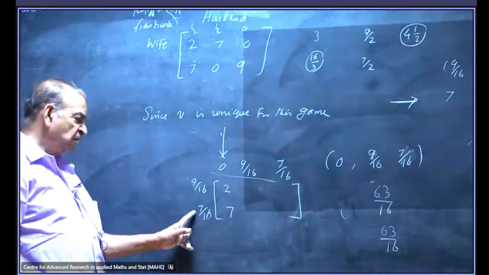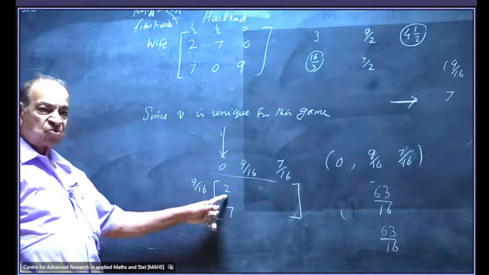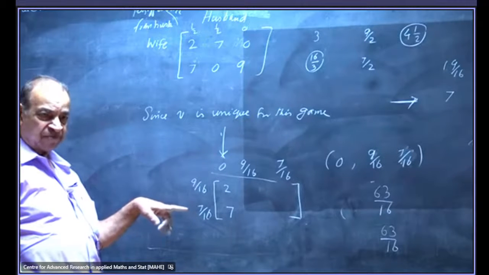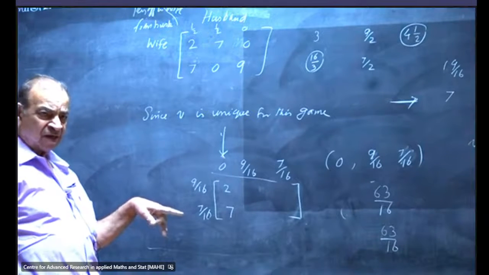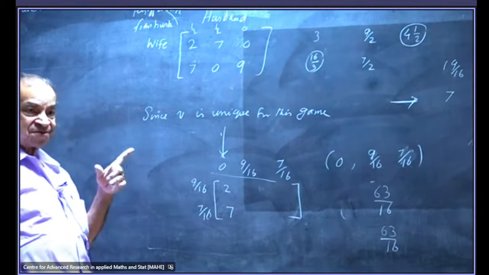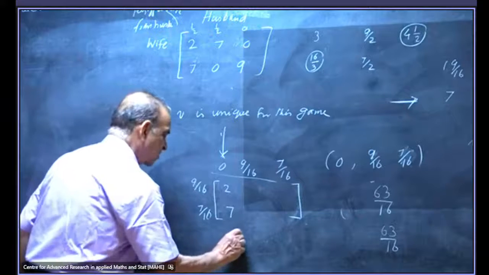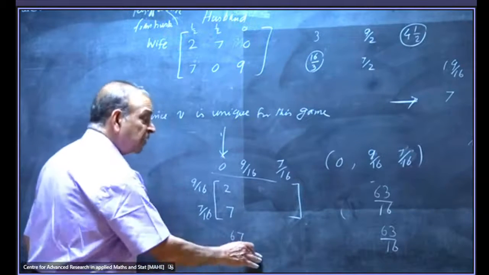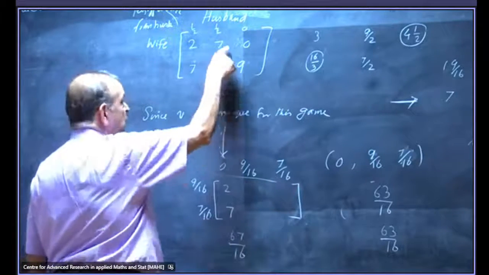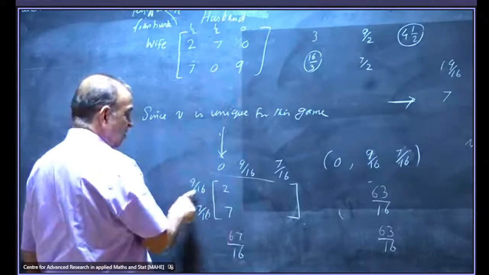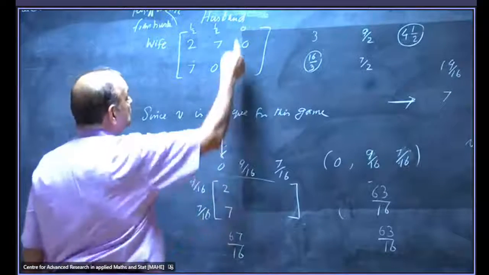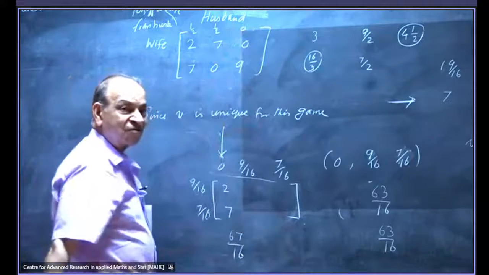So this is 7 times 7 is 49 plus 9 times 2 is 18. 49 plus 18 is 67. 67 over 16, which is even better than 63 over 16. So now if he chooses always this one, then she is going to get 63 over 16. If she chooses this one, yes, 63 over 16.